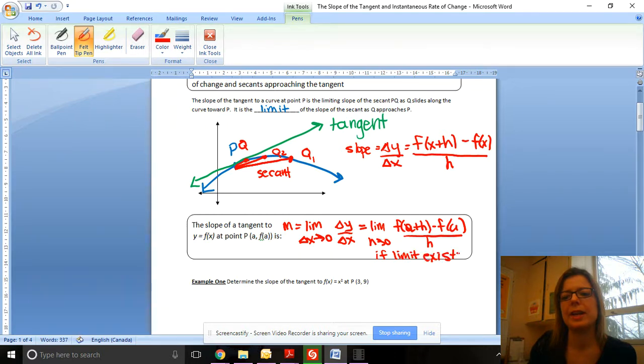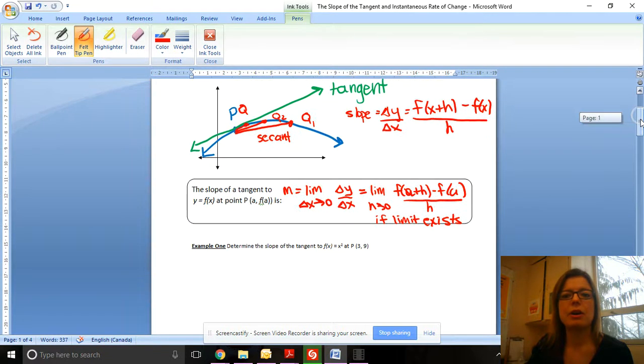Think about it. We can't actually plug and chug h equals 0, so that should be an arrow: h approaches 0. We can't just substitute 0 in because that would result in division by 0, which is not allowed. But we can find the limit with all of the different techniques we've already been discovering in our evaluation of limits. Basically, the slope of the tangent is the limit as h approaches 0.